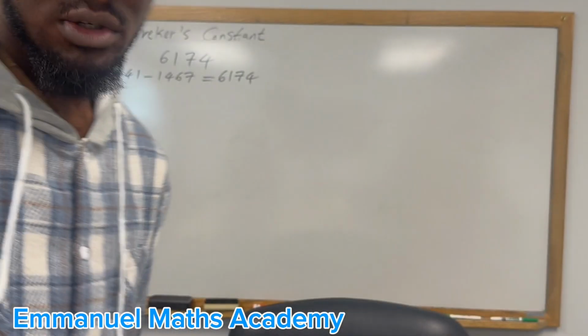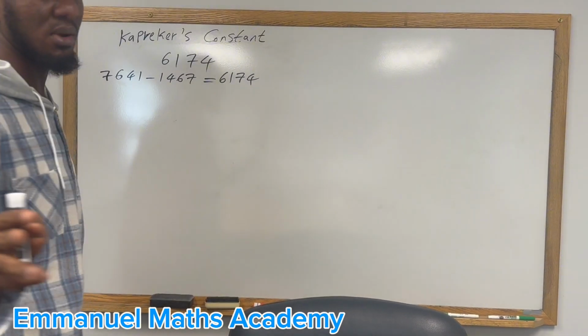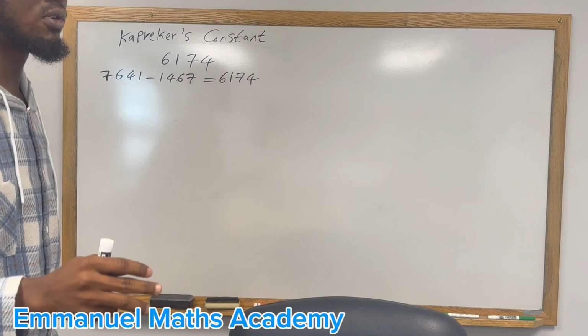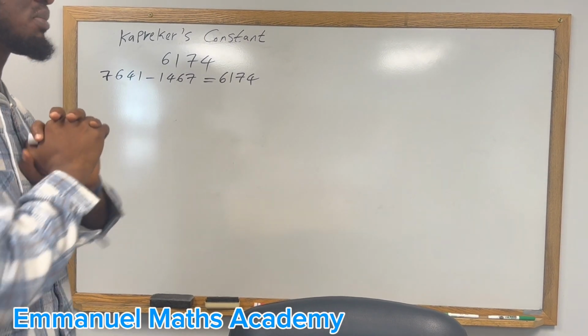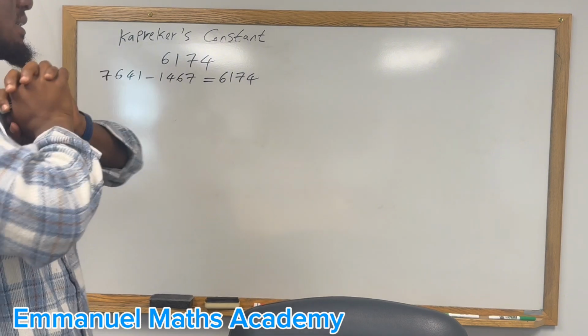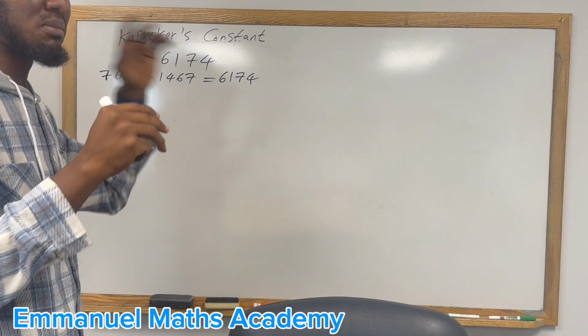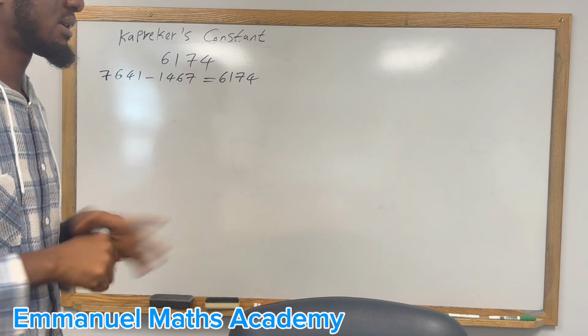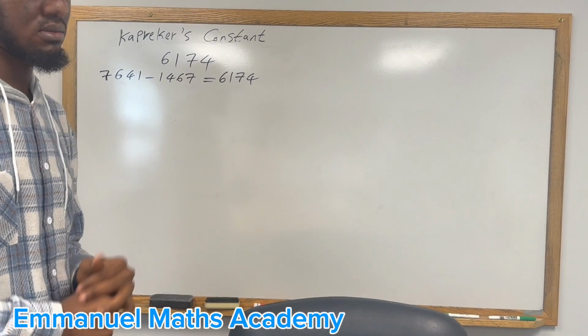Yeah. So typically this is applicable to any 4-digit number, in the sense that you can pick any 4-digit number and subtract the smallest from the biggest in that number and it will give you 6174.